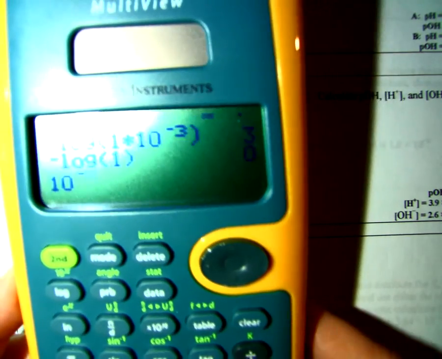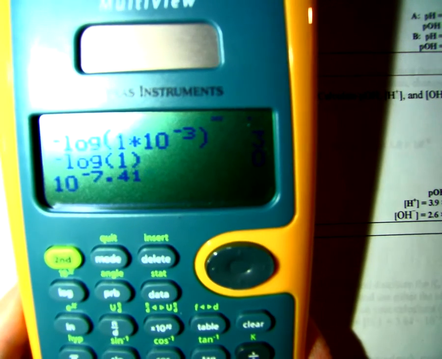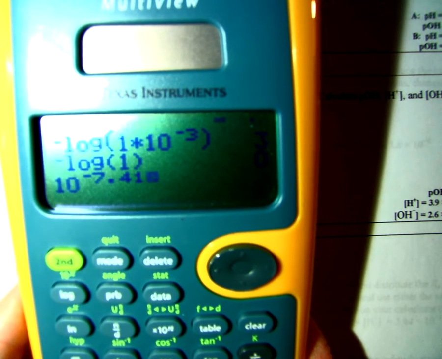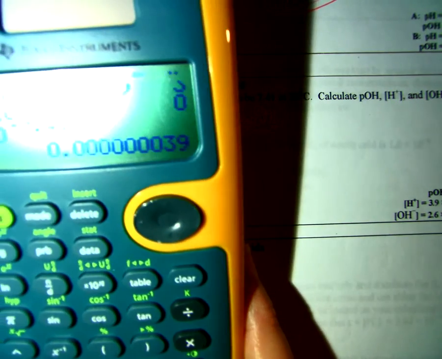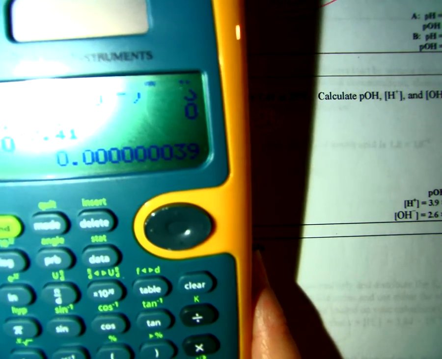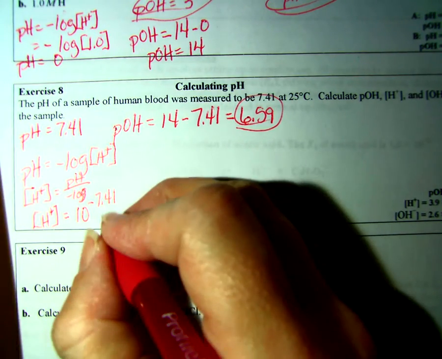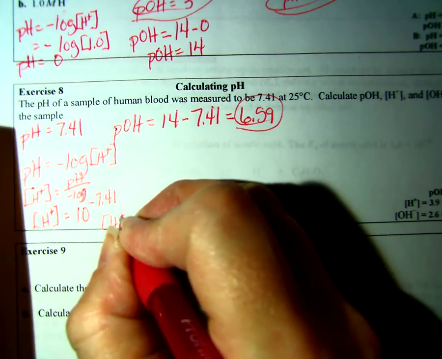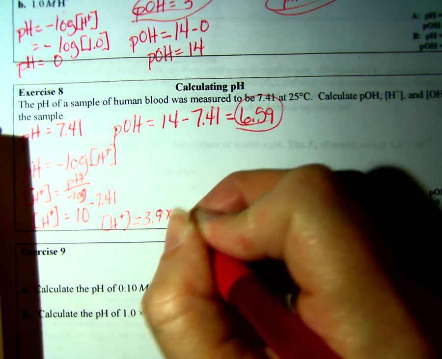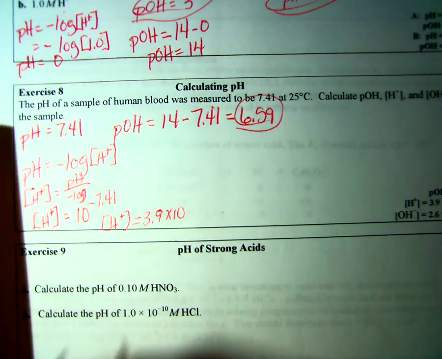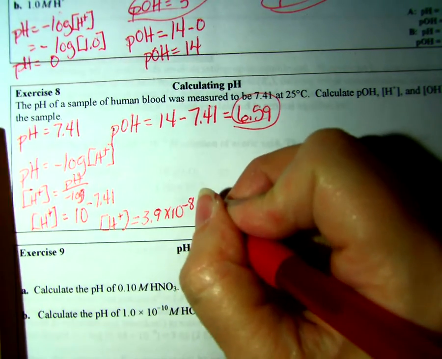So I'm going to put in my negative 7.41 from my pH, hit equal, and it's going to give me this big long number, which actually is, so my H plus is equal to 3.9 times 10 to the negative 8 if I count all my zeros.